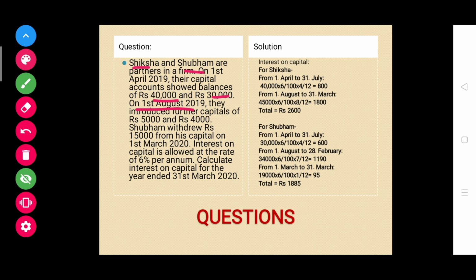After 4 months, there is some change. On 1st August 2019, they introduced, as in they have made an additional contribution in the form of capital in the business. So they have additional capital of rupees 5,000 and 4,000.